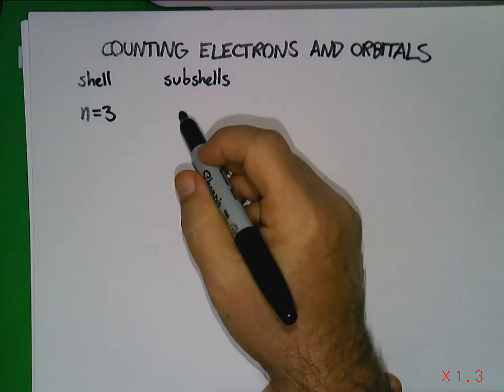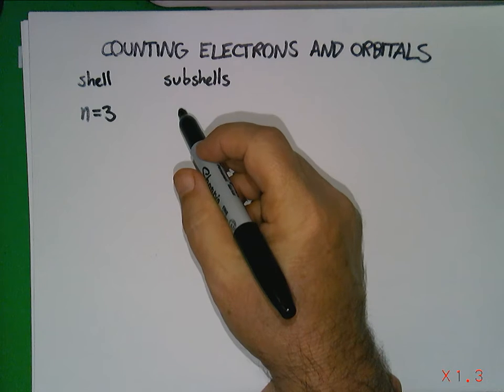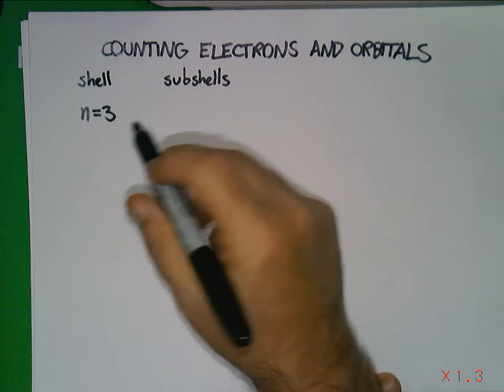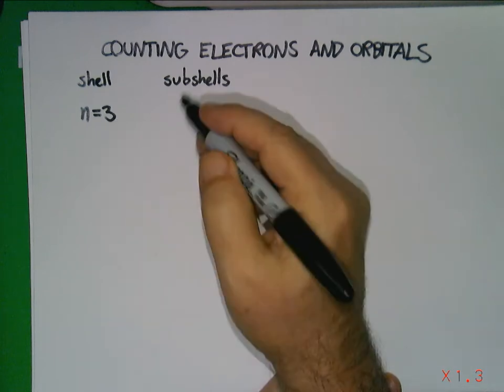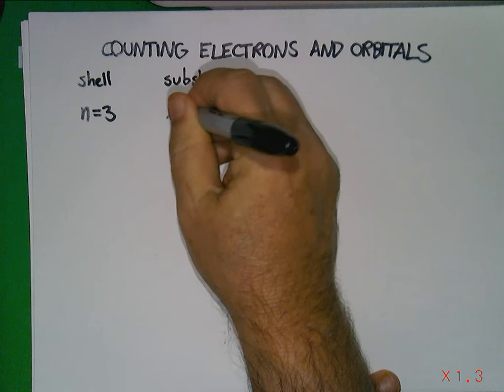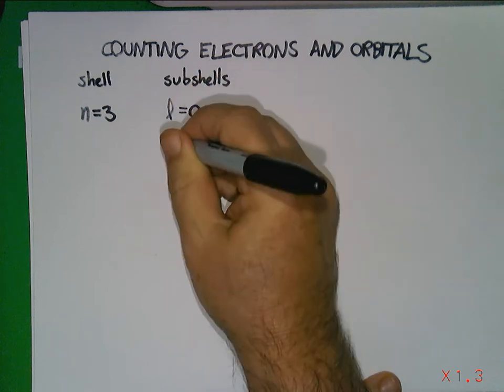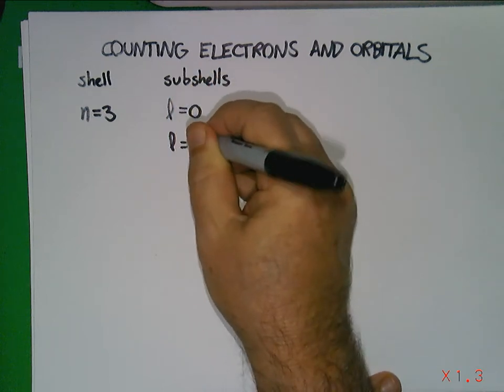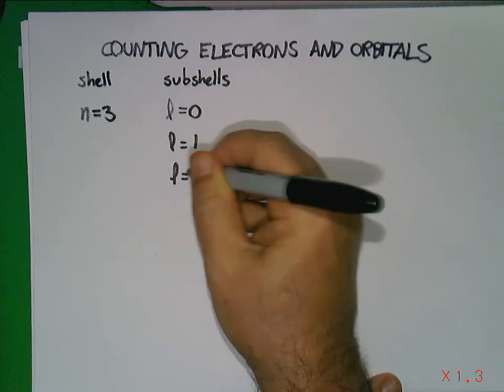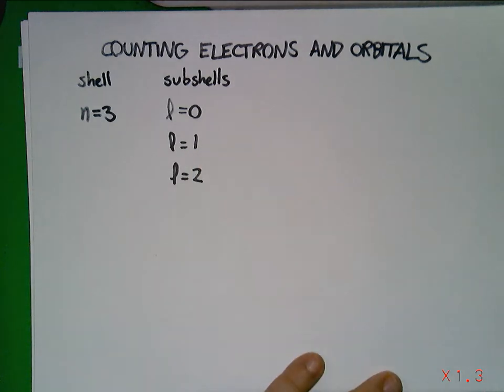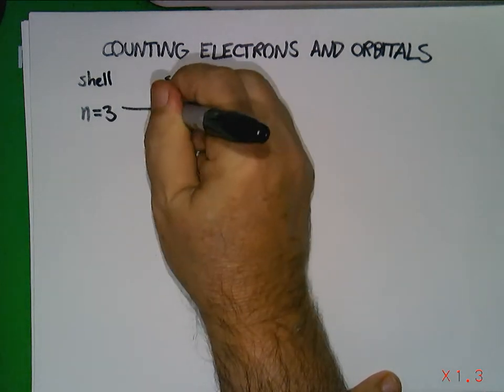Okay, well, these are the L values that I'm allowed to have. And L can go from 0 up to n minus 1. So I am allowed to have any of those.